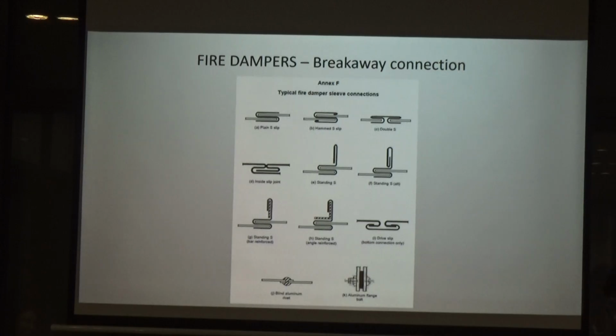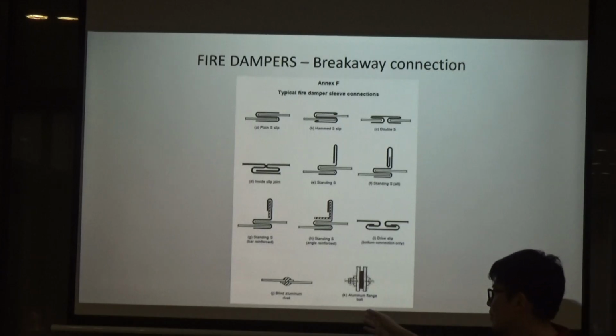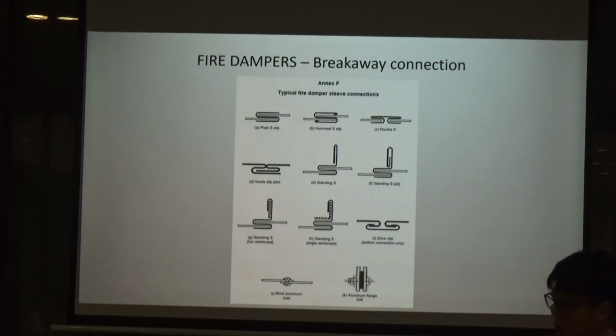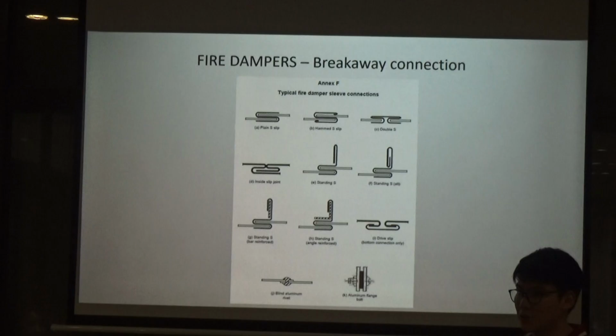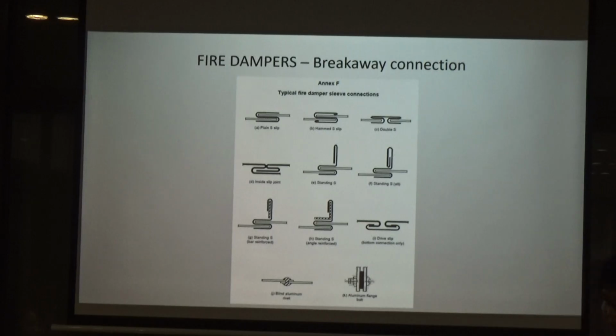Fire can be up to 1000 over degrees, while aluminium melts at maybe 500 to 600 only. So in the event of fire, the aluminium rivet or bolt will melt and the connection will break. The slip joint is no problem because there's no fixing part. So these are some of the joining methods.